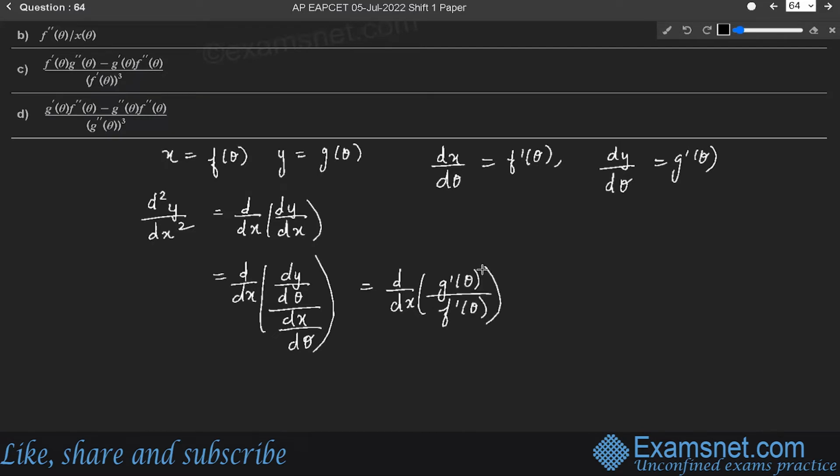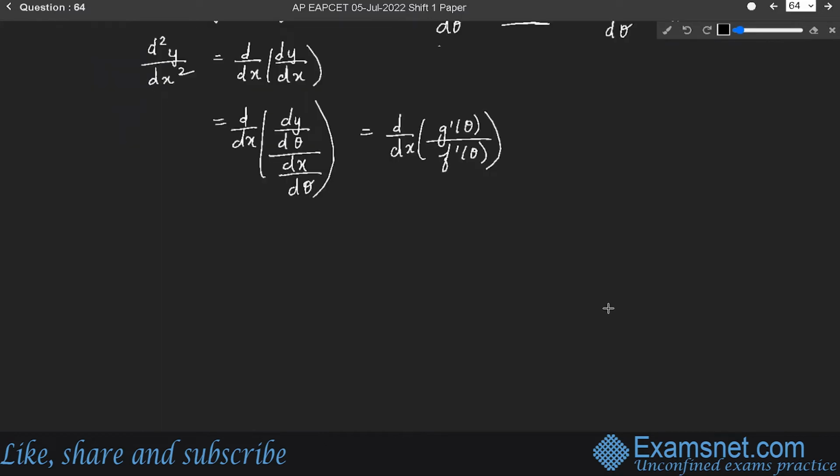See, we have just substituted the values here because we know that dx upon d theta is f dash theta and dy upon d theta is g dash theta. Now it is in the division form and we know that its differentiation will be second into d by dx of first minus first into d by dx of second, divided by second whole square.